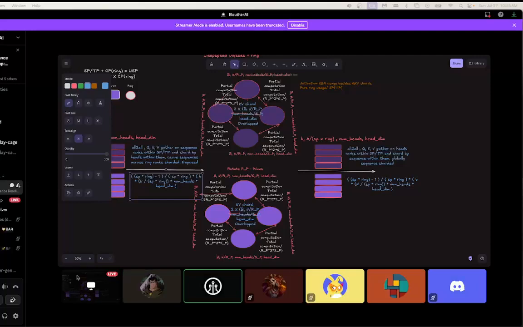And so along the Ulysses dimension, if we do the all to all 4D, we have the full sequence length for each Ulysses rank, but only a certain shard of the head count. But that full sequence length for that Ulysses rank will be sharded across that ring group for that given Ulysses rank.